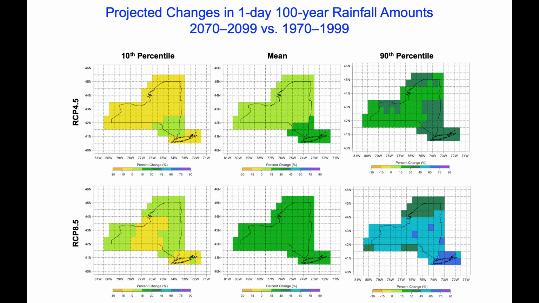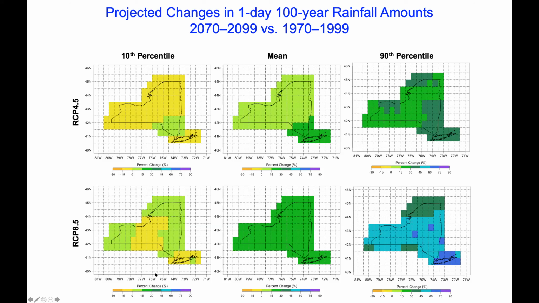Again, not much spatial variation across the state. I should mention also at the top, we have the lower RCP 4.5 emissions and higher 8.5 on the bottom. So not much variation across the state, though maybe you could argue that you see more change in coastal areas than you do upstate. Changes are quite small at the 10th percentile.